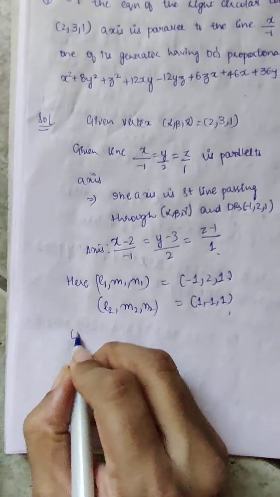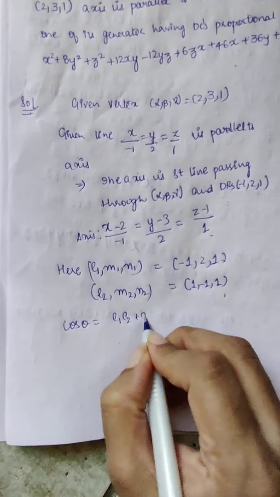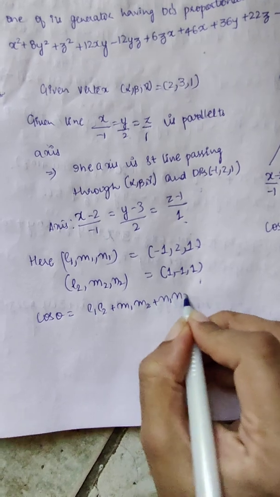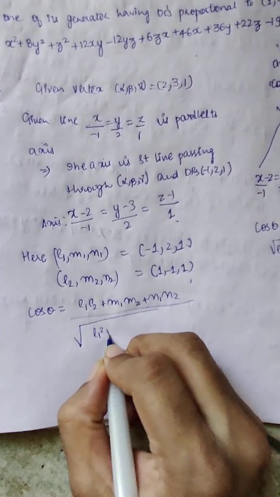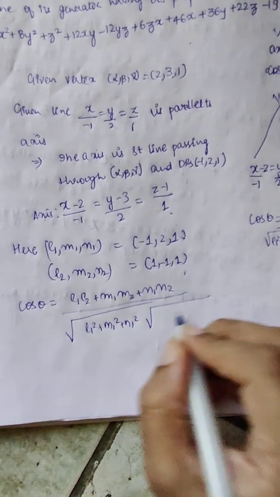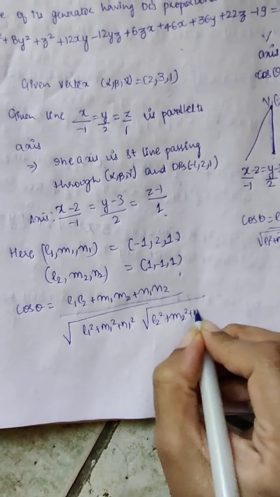So I'm going to construct my cos theta using the formula: L1 L2 plus M1 M2 plus N1 N2, whole divided by under root of L1 square plus M1 square plus N1 square, into L2 square plus M2 square plus N2 square.